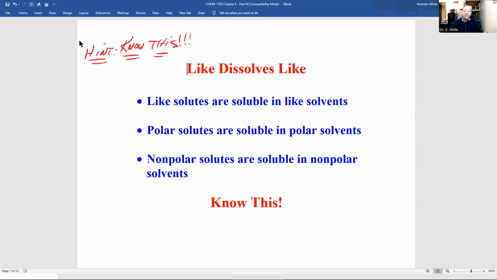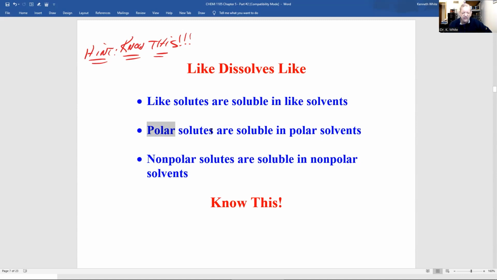We'll talk more about it later when I teach you how soap works. But anyways, like dissolves like means like solutes are soluble in like solvents. There are two types of solutes and solvents.